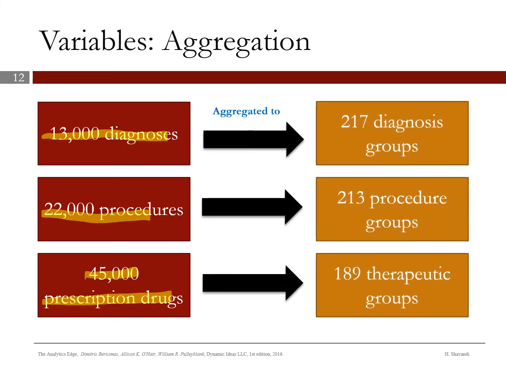So here, how they aggregated the data. They aggregated 13,000 diagnosis variables to only 217 diagnosis groups, and 22,000 procedures to only 213 procedure groups, and 45,000 prescription drugs to only 189 therapeutic groups. Okay.